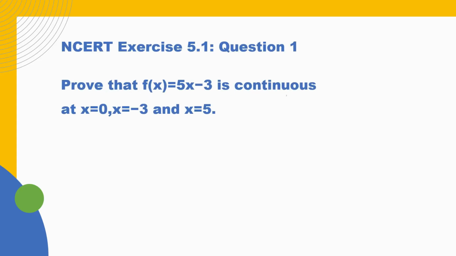Now, let's begin the NCERT exercise 5.1. In question 1, we need to prove that the linear function f of x equals 5x minus 3 is continuous at three different points. Since this is a linear polynomial, it is continuous everywhere, but we will verify it using the continuity conditions. So let's first find the left-hand limit at x equals 0.